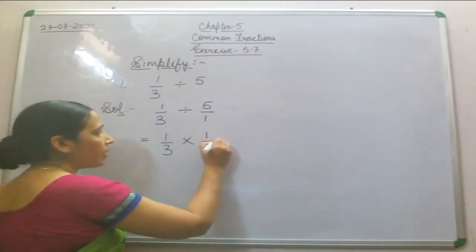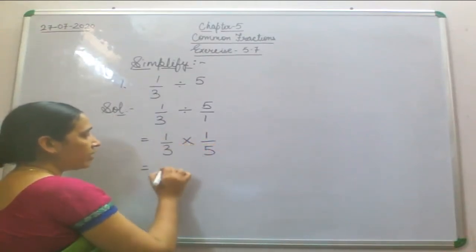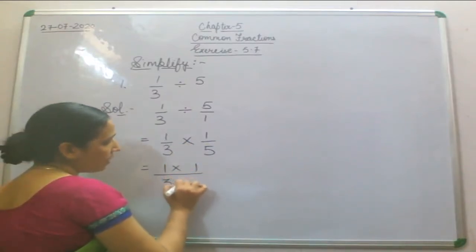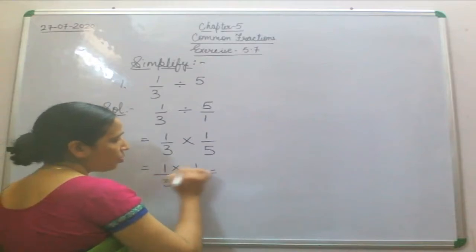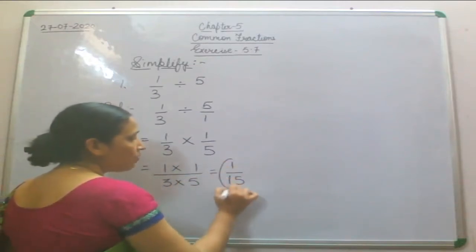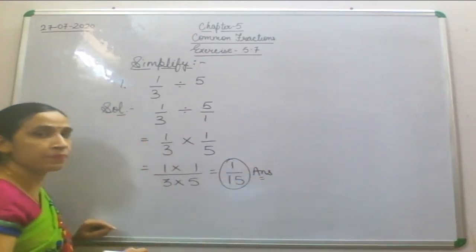So it will become 1/5. Now the numerator will be multiplied by the numerator, and the denominator by the denominator. So 1 times 1 is 1, 3 times 5 is 15. So what will be the answer? 1/15. Fine.